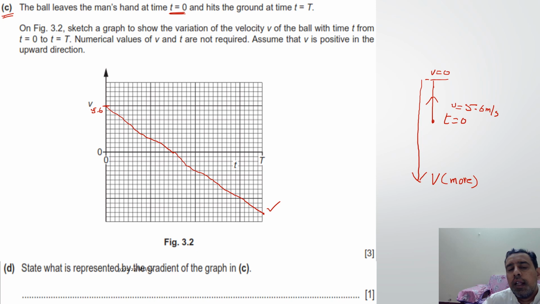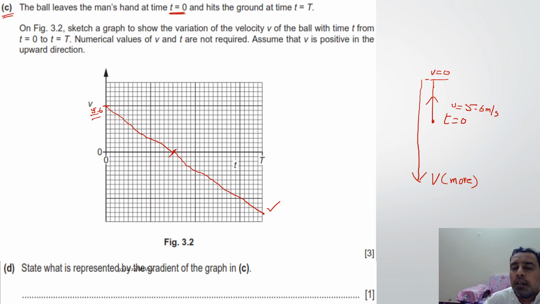You can see that it has a negative and a uniform gradient. It means the acceleration is constant, and initially the velocity was 5.6, then it is 0 somewhere here at the center on the axis, and then this is the final just before hitting the ground. This velocity must be greater than 5.6.